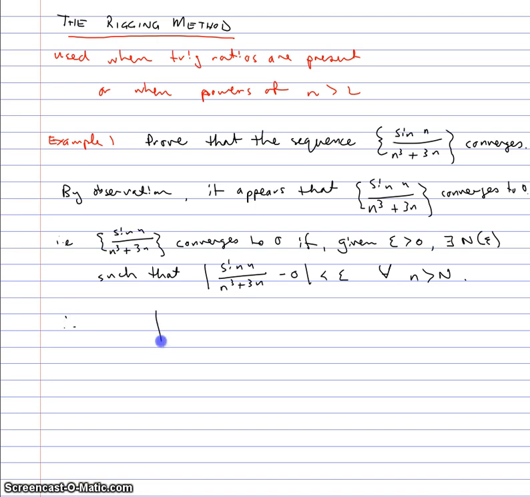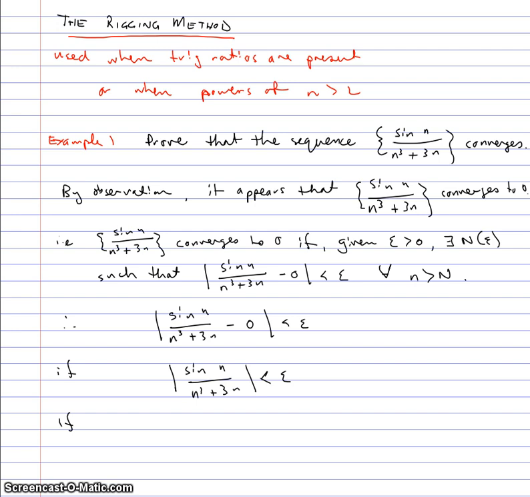So let's work through it. Sine n over n cubed plus 3n minus 0, so the absolute difference of that is less than epsilon if sine n over n cubed plus 3n minus 0 is less than epsilon. That's true if... Now, where do we go from here?